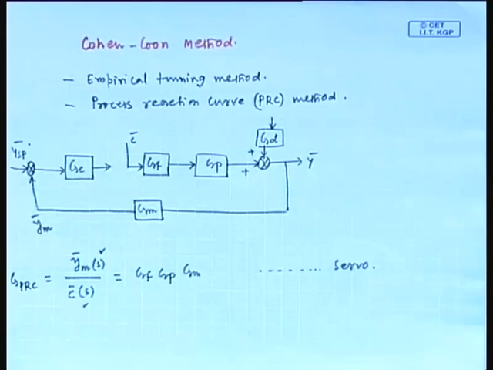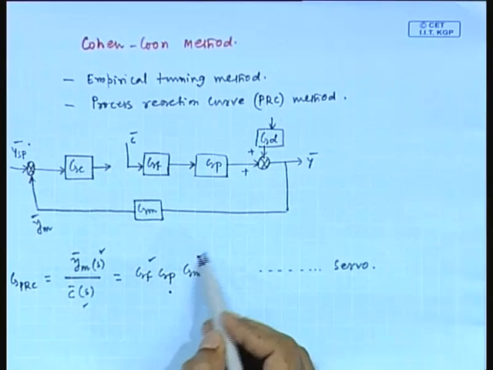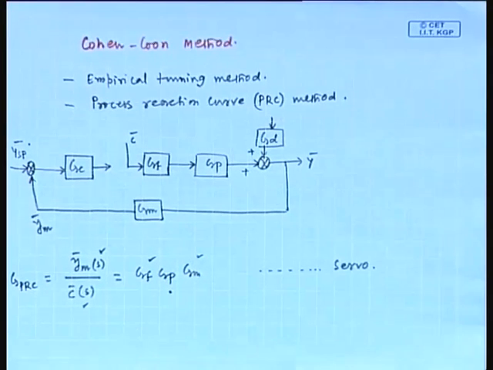Now, it is obvious that the output Ym depends not only on the process, it depends also on the final control element and measuring device.